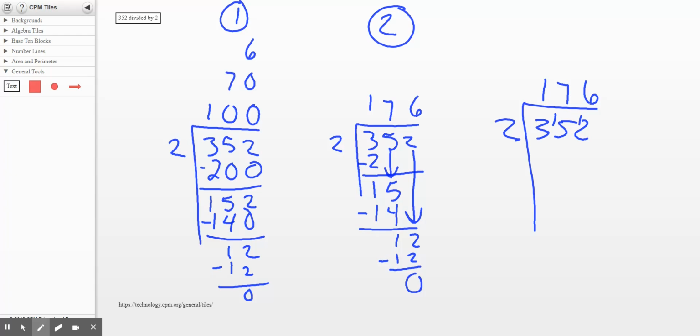We'll call this method 3. Pause the video and ask yourself, how are these 3 methods the same, similar, and different?